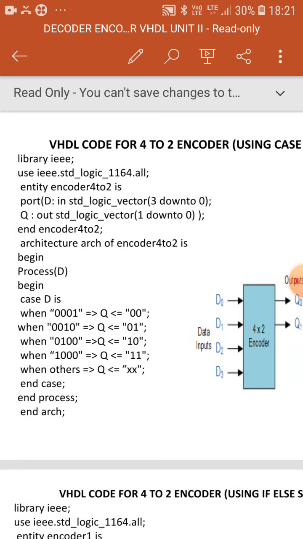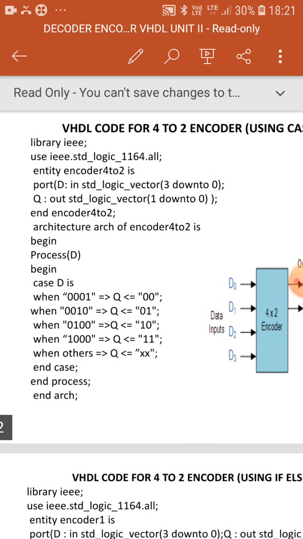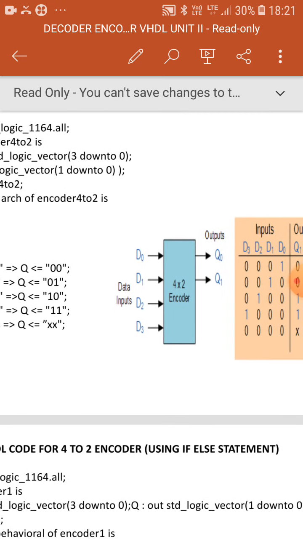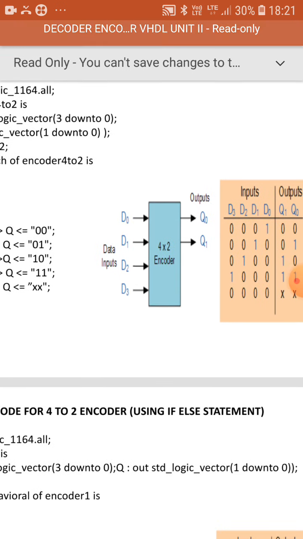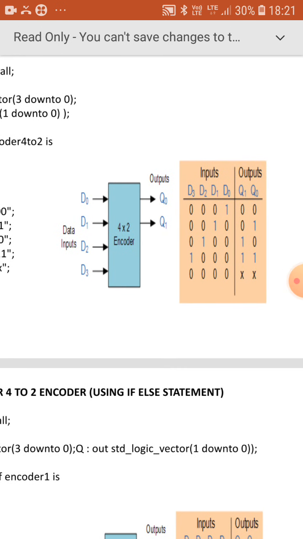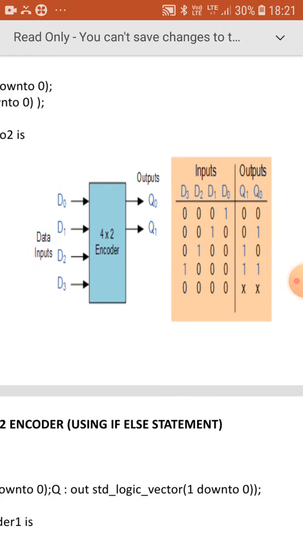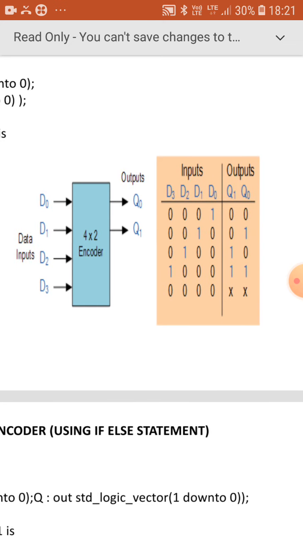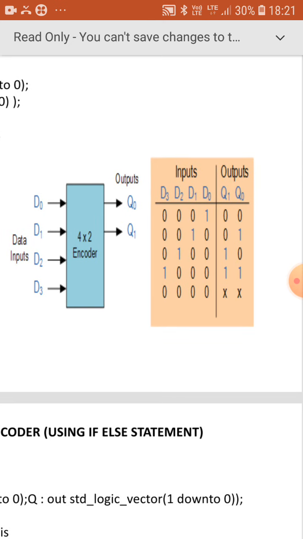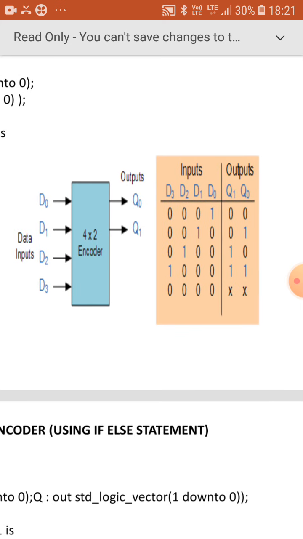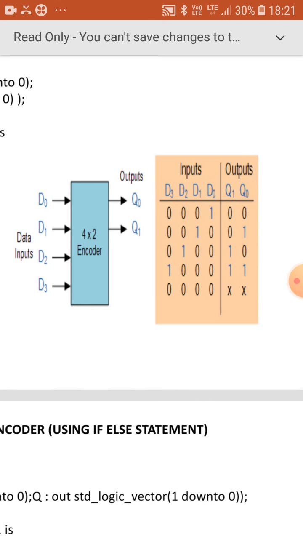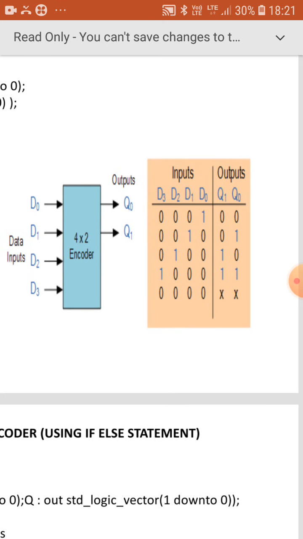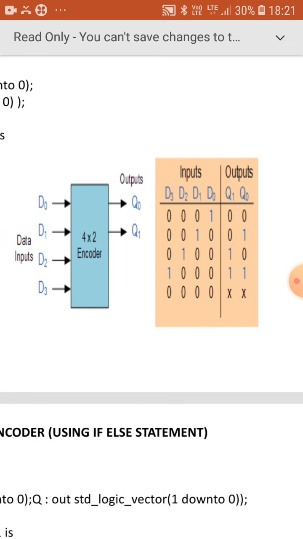In a 4 to 2 encoder, if D0 is 1, then the output will be 0, 0. See the table here. If the input D1 is 1, then the output will be 0, 1, the binary equivalent of 1.